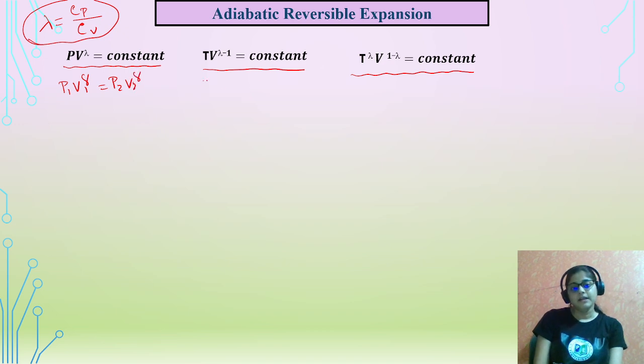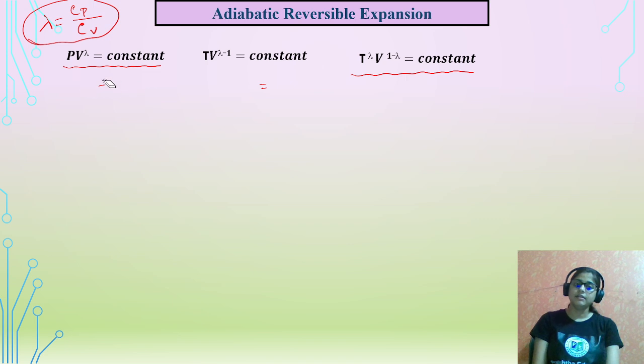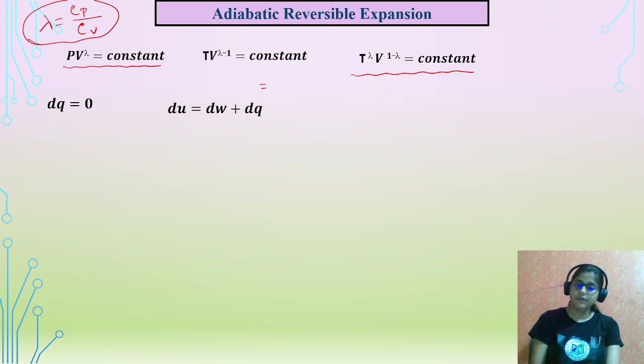Same thing, T1 V1 to the power gamma minus 1 equal to T2 V2 to the power gamma minus 1. So this will be the equation of gas for the adiabatic reversible case.